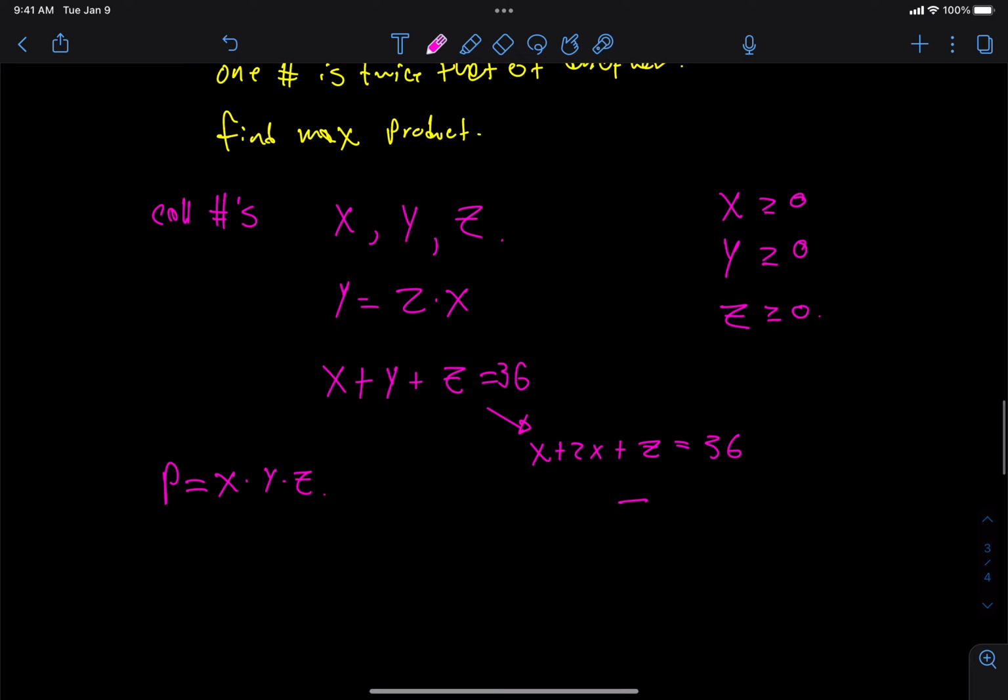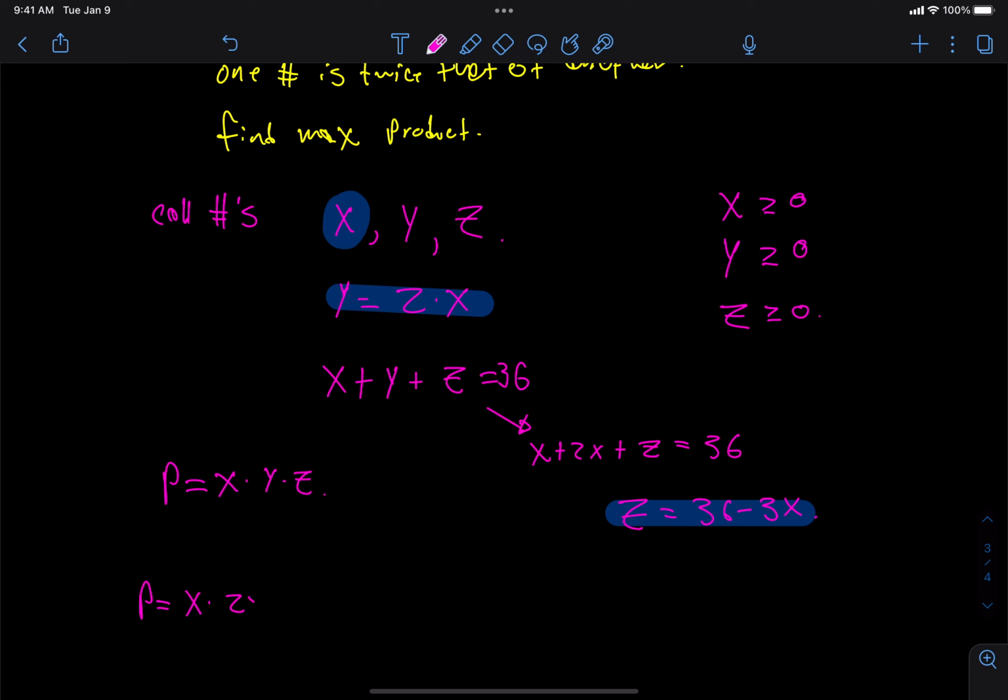So that tells me that z is equal to 36 minus 3x. So now I know what y is, twice x, and z is 36 minus 3x. So now I can rewrite P as the product of x times 2x times (36 minus 3x).